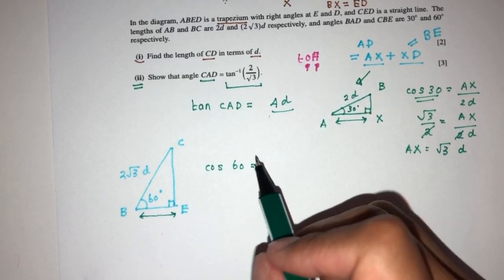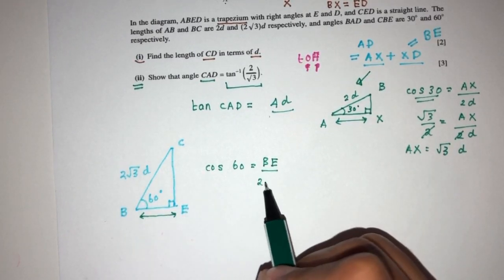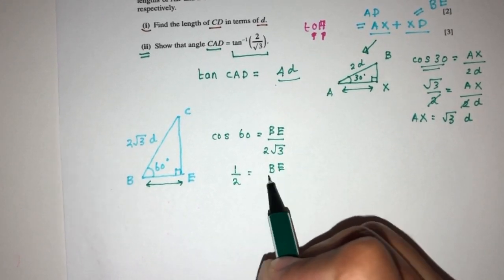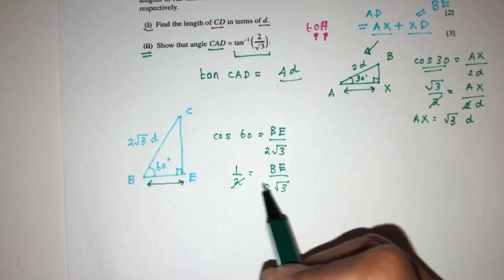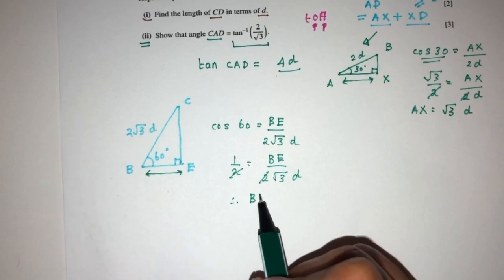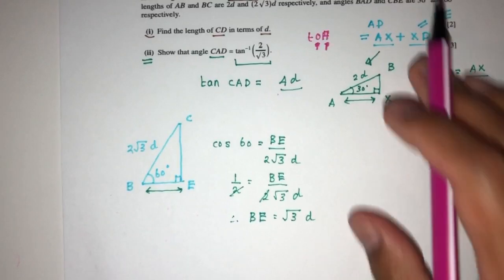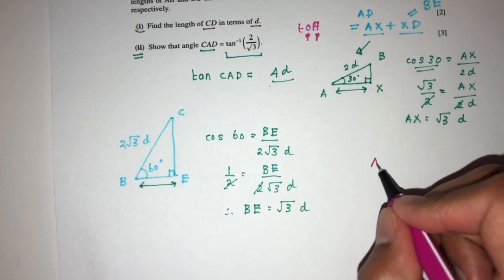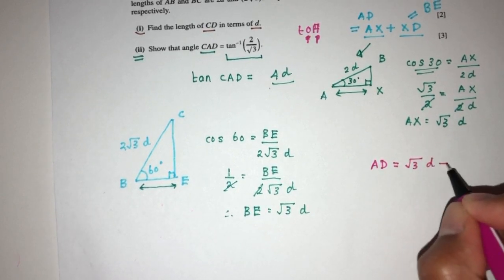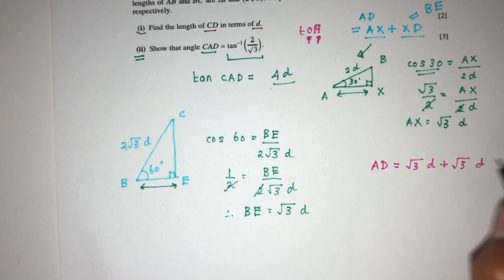The adjacent side will be BE over the value of 2 root 3 D. Now cos of 60 is half, so BE will be half of 2 root 3 D. Cancel, cancel. Of course here I'm missing the D again, so BE will be root 3 D. Now replace back in the main equation, so you can see the length of AD is AX, root 3 D, plus XD, that will be the value of root 3 D as well.